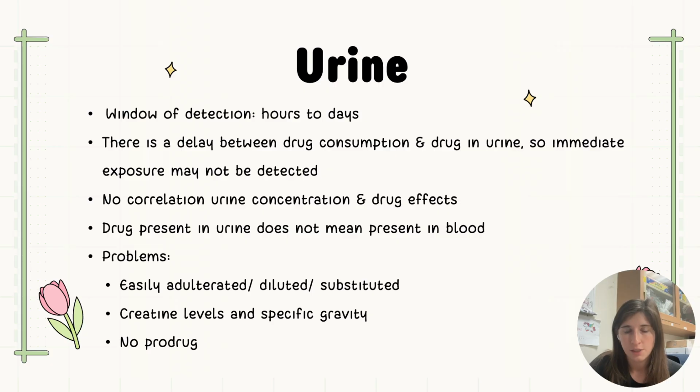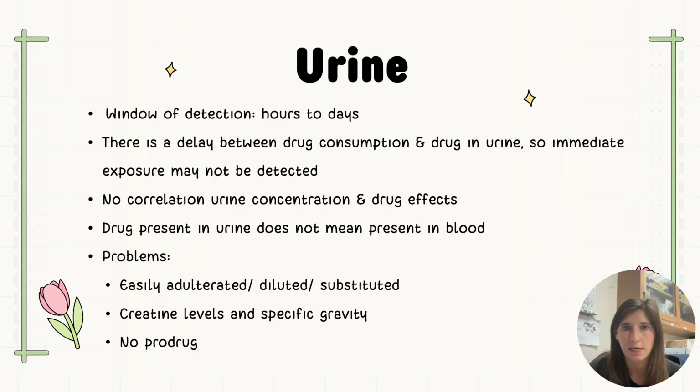An upside to using urine is that we have large amounts of it, right? Somebody's going to be able to release a lot of urine and it's going to be usually in a high concentration, especially if it's urine that's been accumulating over several hours. There are some problems with it. It's very easily adulterated, diluted, or substituted.